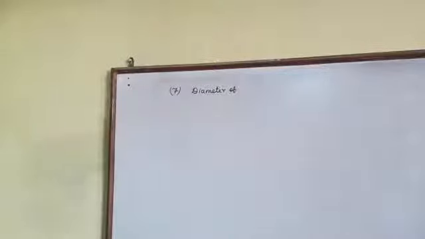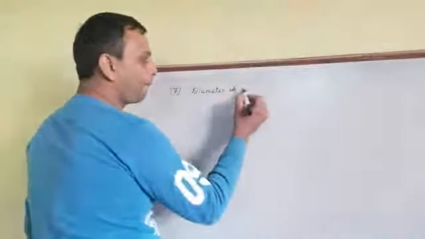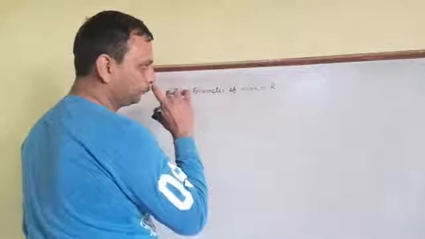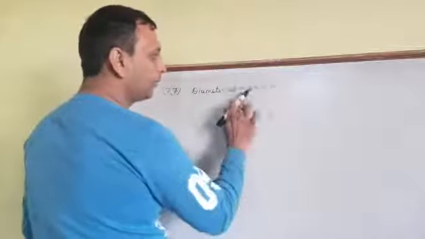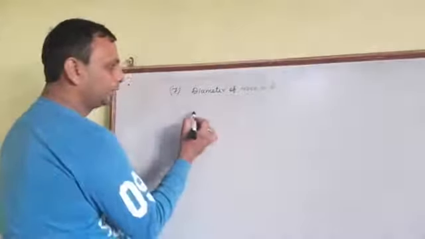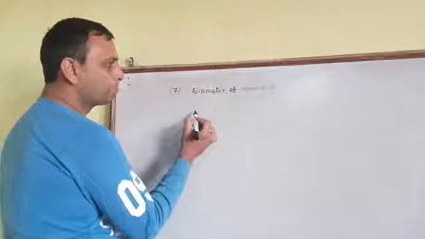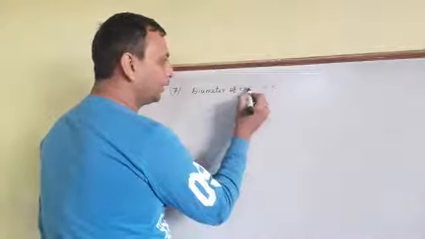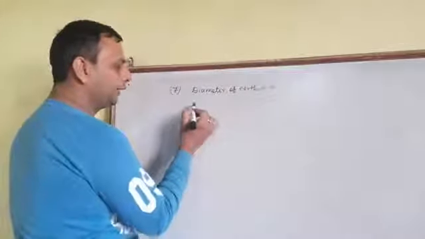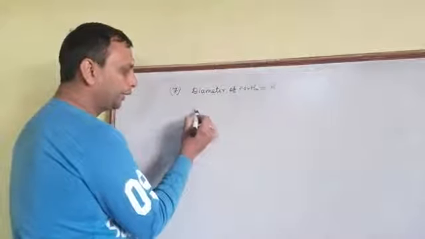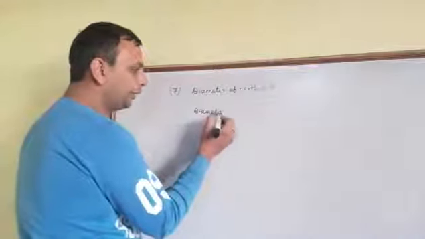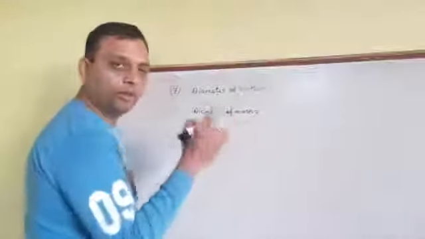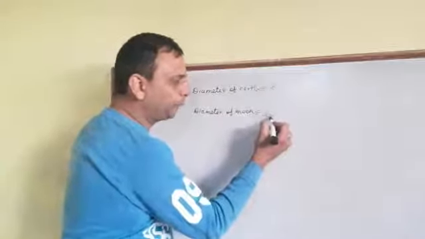Diameter of the earth we take as r. Then the diameter of the moon will be the 1/4 part, 1/4 multiplied by r.